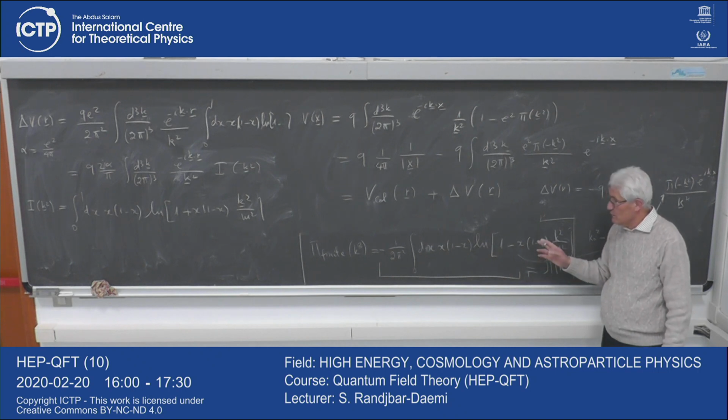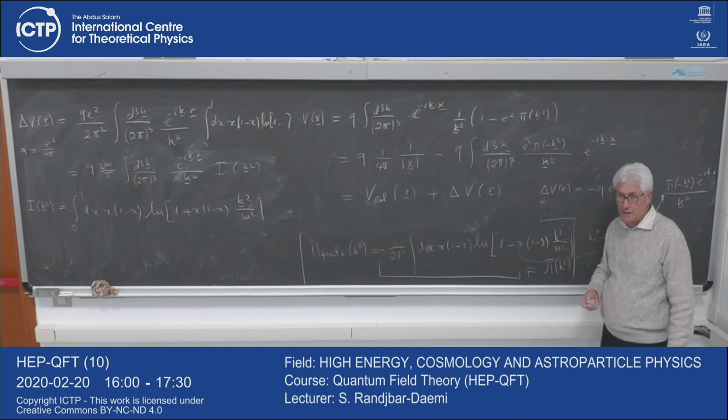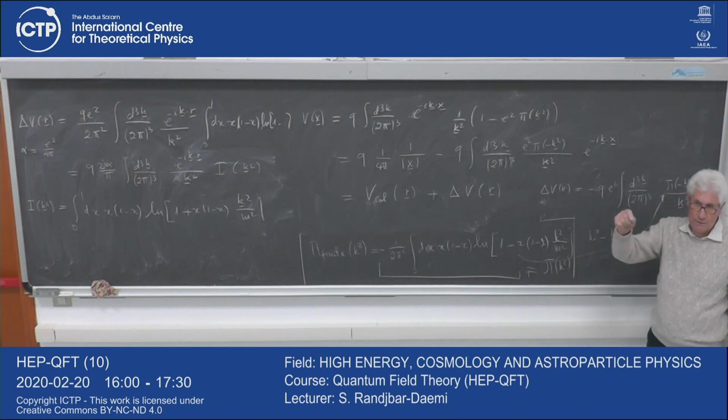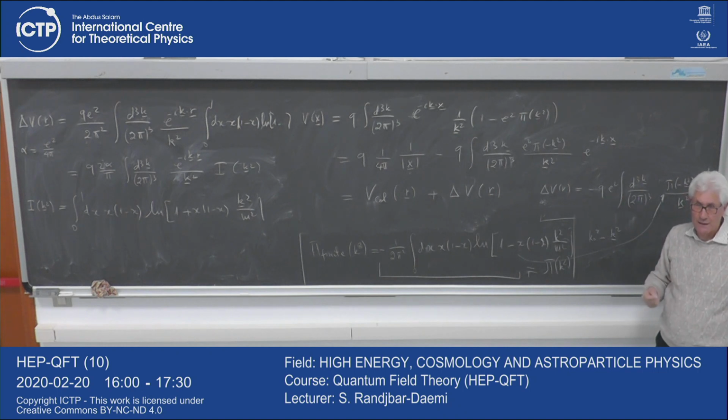If you remember, when we were calculating the loop integral, I introduced a function a squared of k squared. And in order to proceed, I said that we will assume that a squared is positive. Remember that? Then we forgot about that condition, and I promised that we will come back and discuss it.